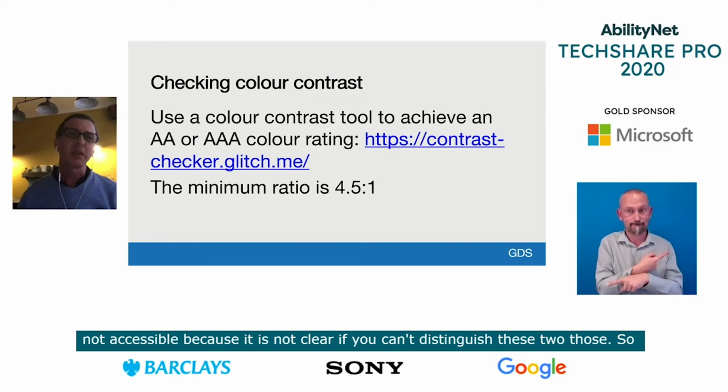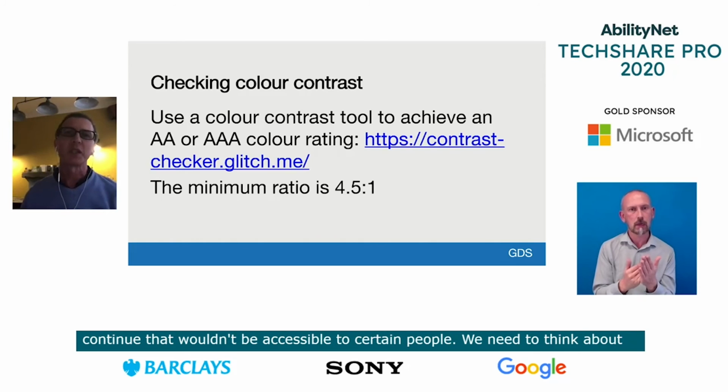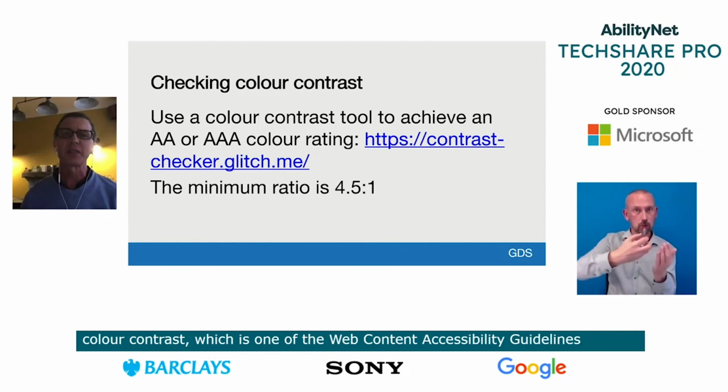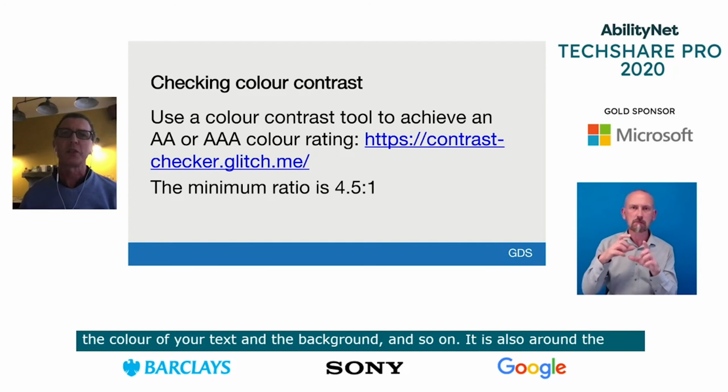We also need to think about color contrast. It's one of the Web Content Accessibility Guideline requirements. And you need to make sure there's sufficient contrast between the color of your text and the background it's on. It's also around the color of interface components as well. And the Web Content Guidelines state that you should use a minimum ratio of 4.5 to 1.